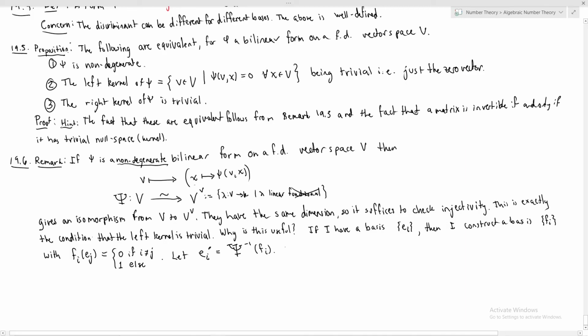The collection of e_i prime has the following useful properties. First of all, it's a basis, since f_i is a basis and big psi is an isomorphism.